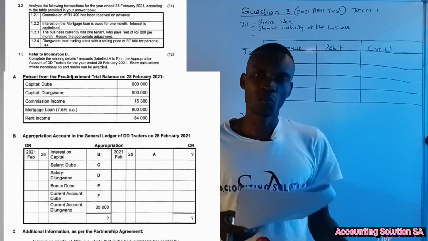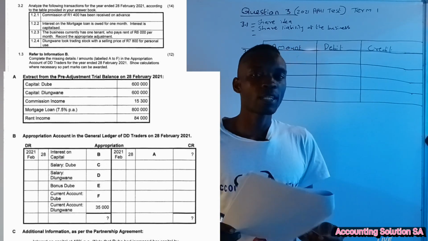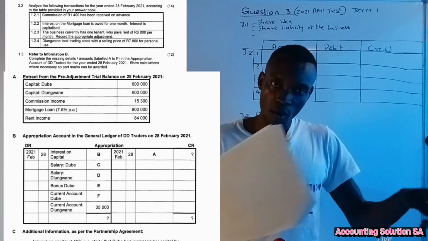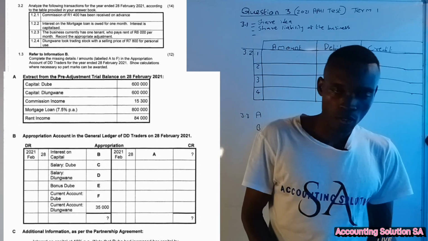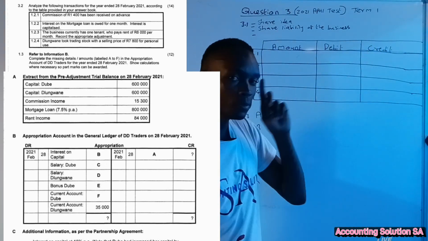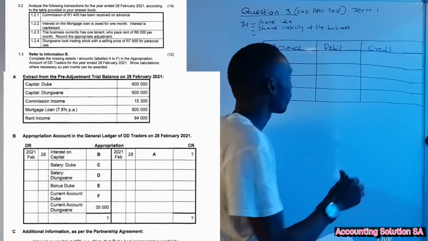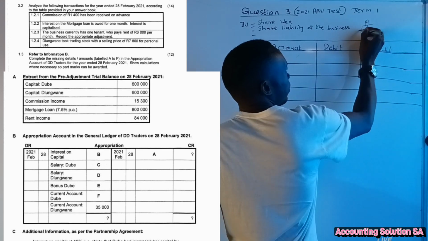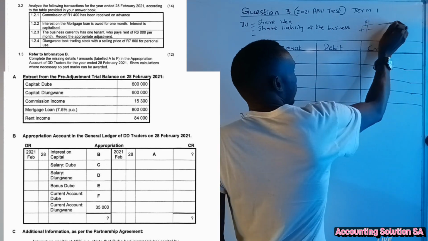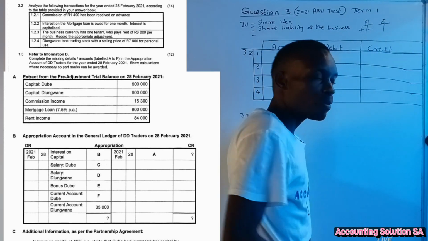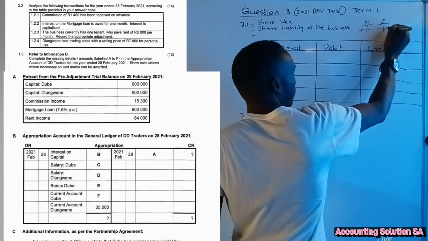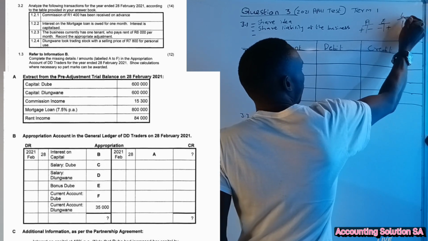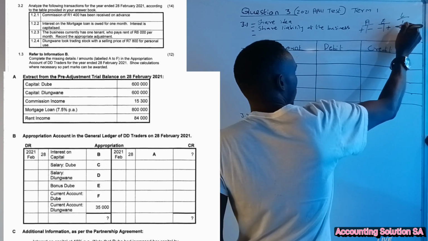Now what do we do in this case? Remember, if something has been paid in advance, in the income statement we have to go and subtract it in our bracket. How is it going to apply here? Remember, in our accounting equation, we said assets increase on the debit and decrease on the credit. In equity, expenses come this side, income comes this side, and liability increases on the credit and decrease on the debit.